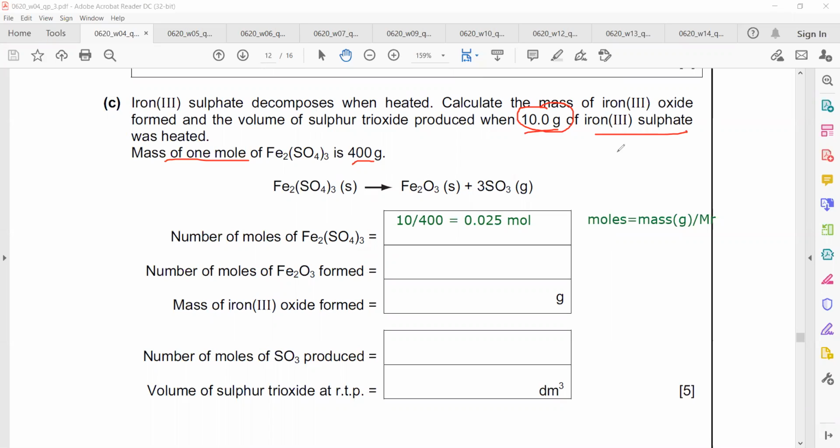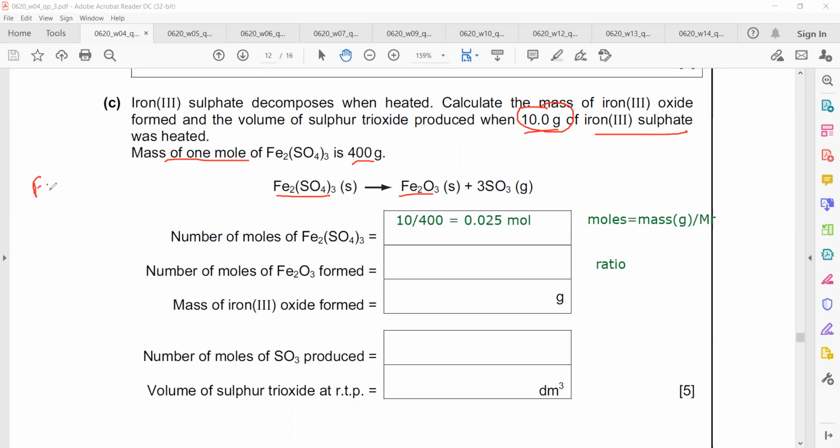Then the number of moles of iron oxide formed. In the question, nothing is given related to iron oxide. So what will we use? We'll use a ratio for the second part. Because we have iron sulfate and we need iron oxide. The ratio between iron sulfate and iron oxide is 1 to 1.